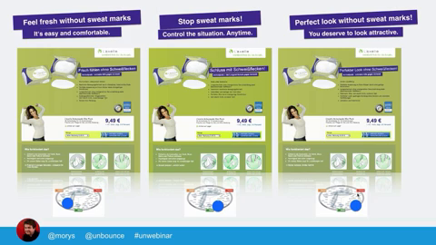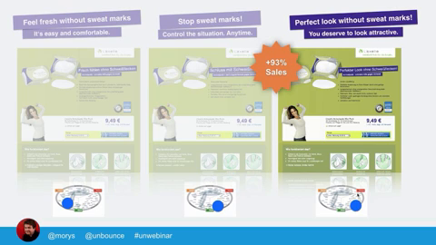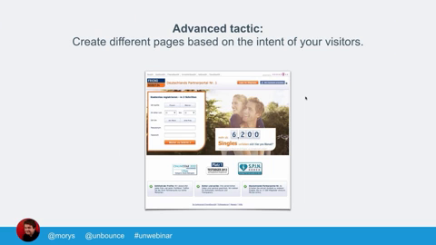And again, this worked really well for us, because that version of the page had a 93% uplift, and that was great because we realized that it's not only about the design of the page, you also control this emotional positioning with the copy that you're writing. So it's important to have the right copy.